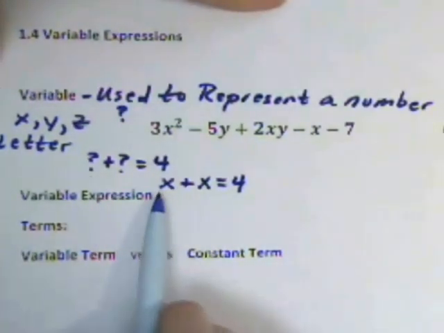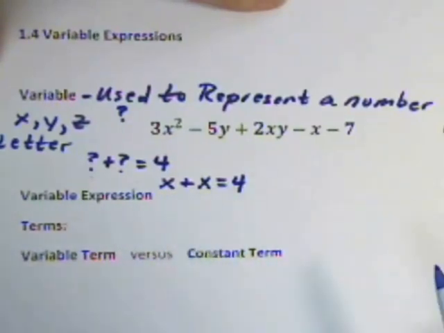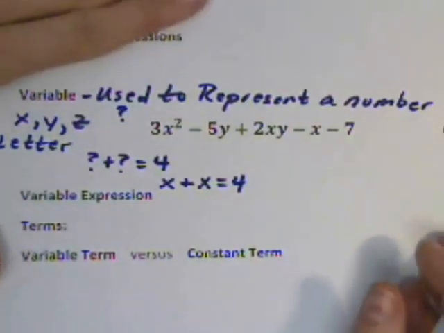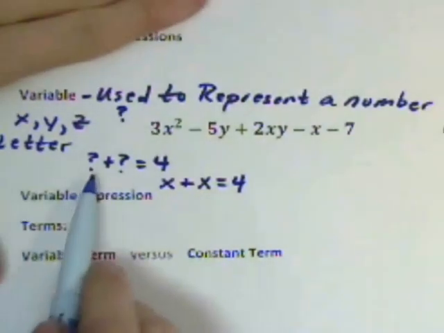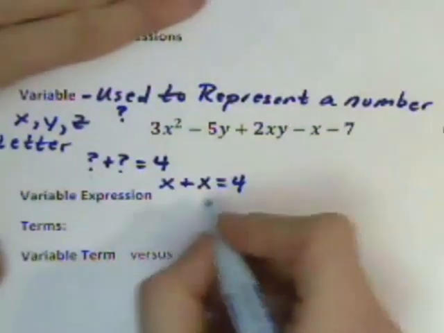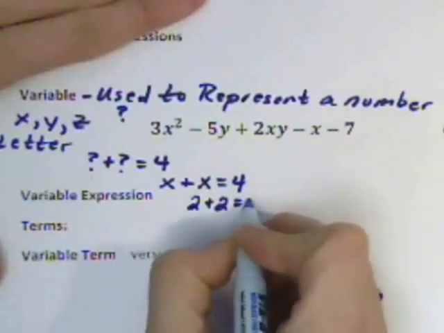In other words, I have a single x plus the same single x. A number plus the same regular number equals 4. And hopefully you're thinking, oh, well, since there's nothing fancy happening, I just have a number plus itself, because there's no change here in our symbols. That's 2. 2 plus 2 equals 4. So in this case, we were using x to represent 2.